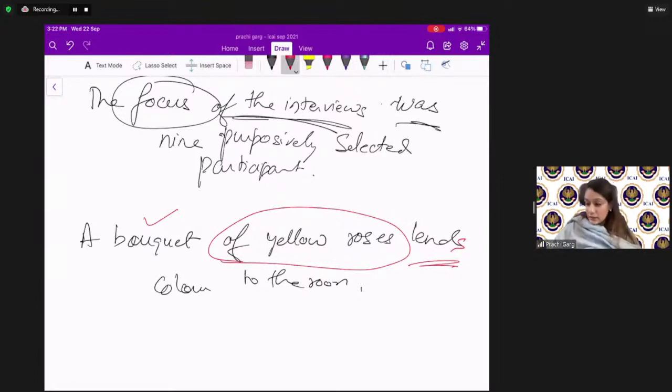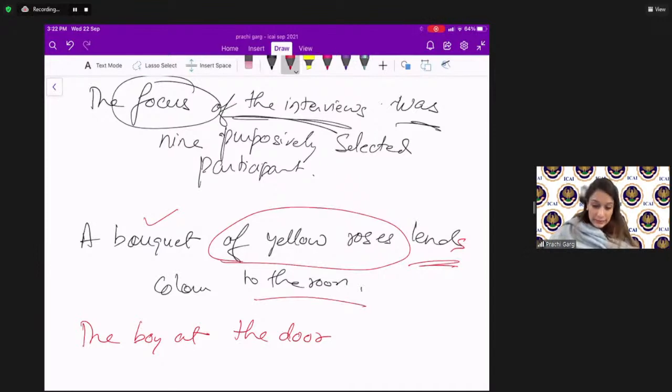Let's look at the next example. The boy at the door is my brother.